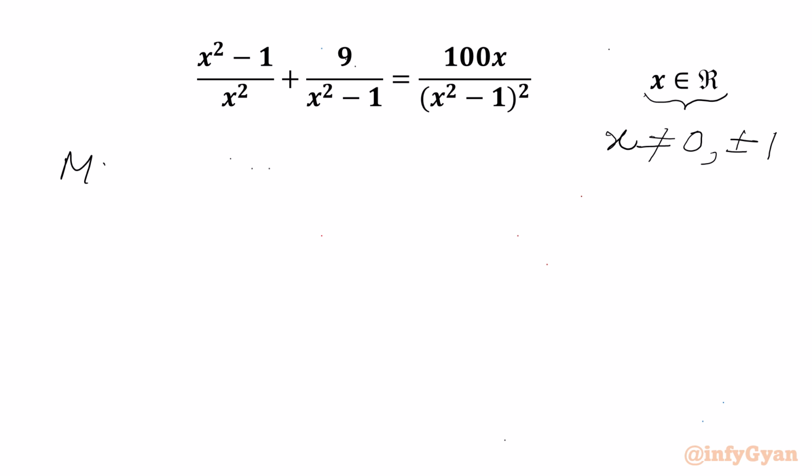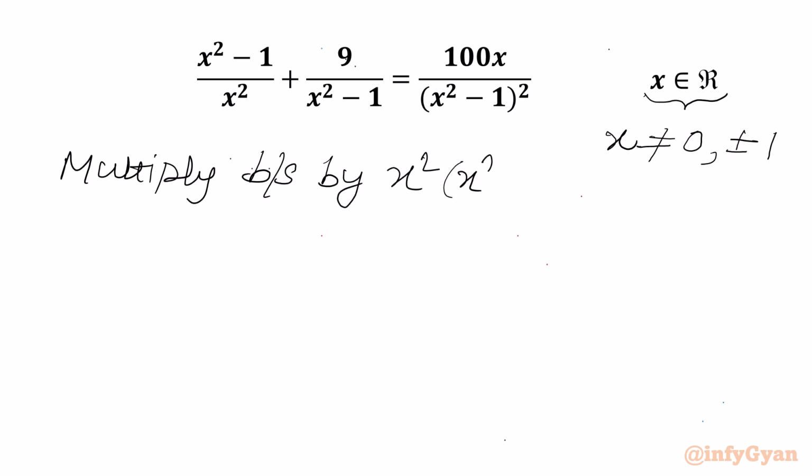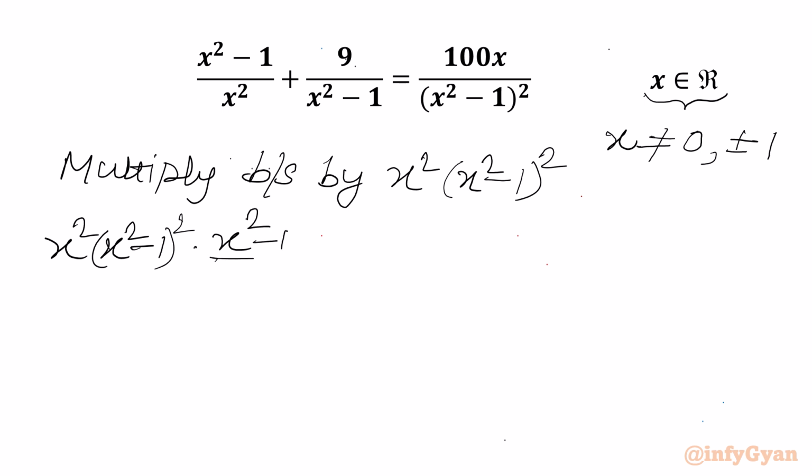Now I will multiply both sides by x² times (x² − 1)². So I will write x² times (x² − 1)² times the first term (x² − 1)/x².